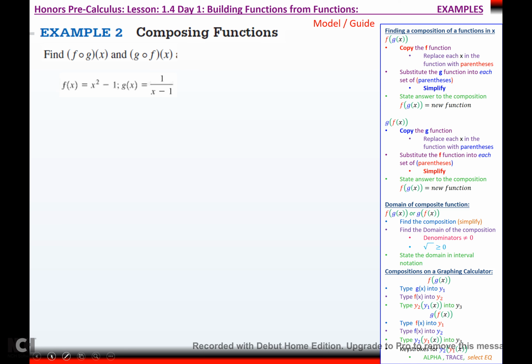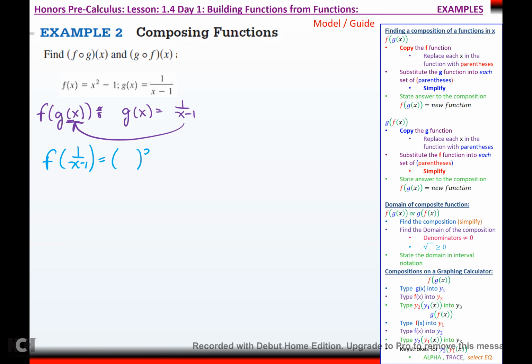Alright, so on this next one, they want me to find f of g of x and g of f of x. To find f of g of x, this says go to g first. So g of x equals 1 over x minus 1, and that's what I'm going to take to f. So now I'm going to find f of 1 over x minus 1. The f function says whatever you brought, square it, and subtract 1.